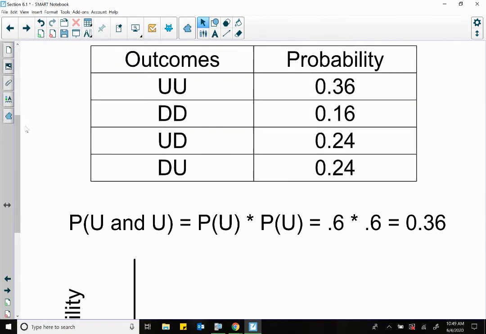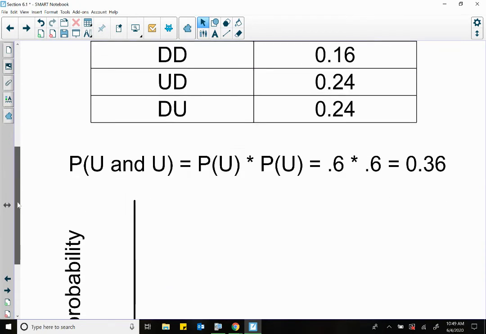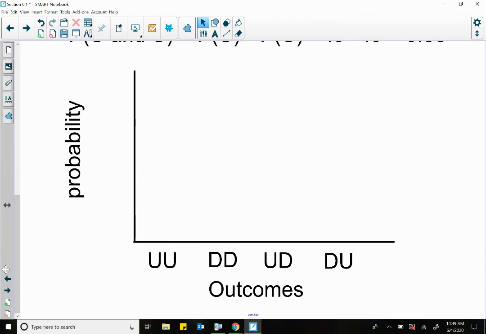What do we got? Looks like everything's kind of going by fours. Okay, like 0.04. So if I kind of count that up, this guy would be 0.04.